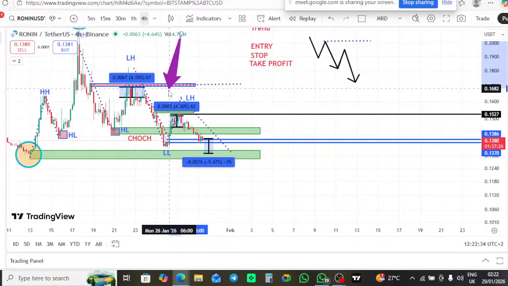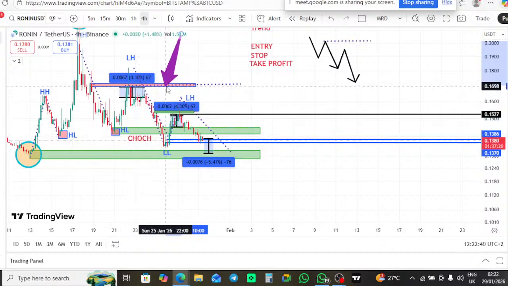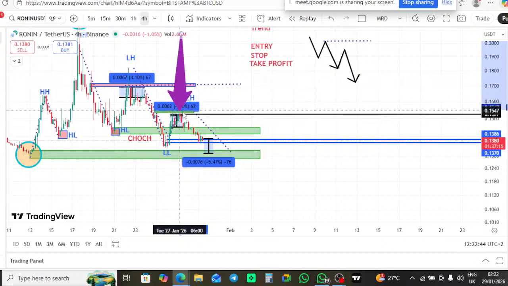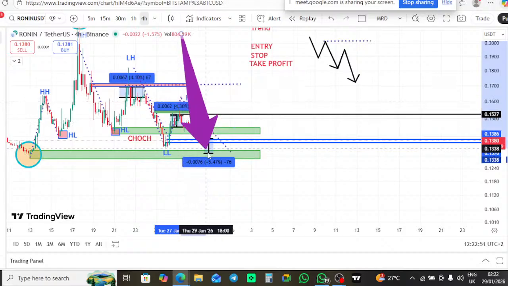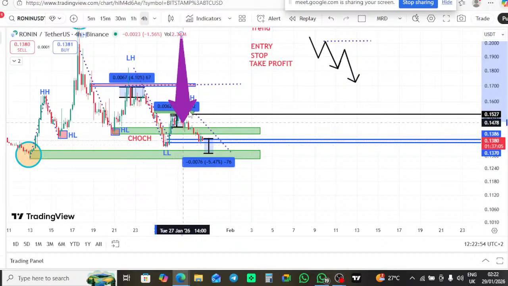You get the point? So our entry price should be ranging in between the change of character and the previous lower high. It's where your entry is. Because sure deal, the market will form a lower high, it will drop and break the previous lower low. Our entry was supposed to be here.